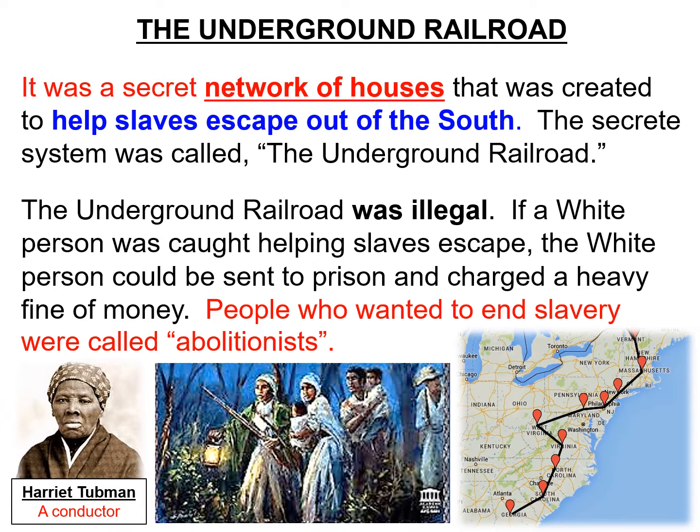But if you look at that map, each of those red markers shows a place where, let's say, an enslaved African, if you make it to that point, there will be help available for you through this system called the Underground Railroad.